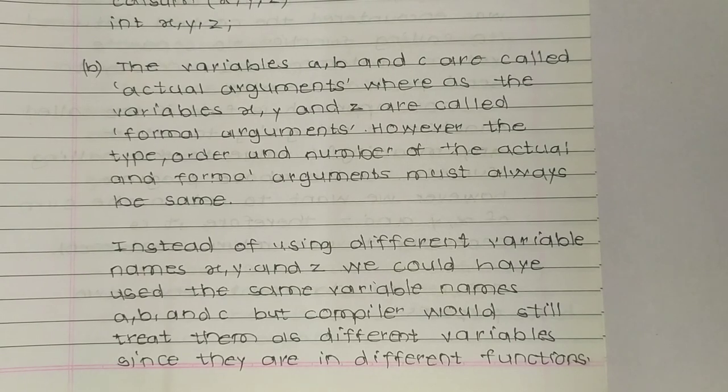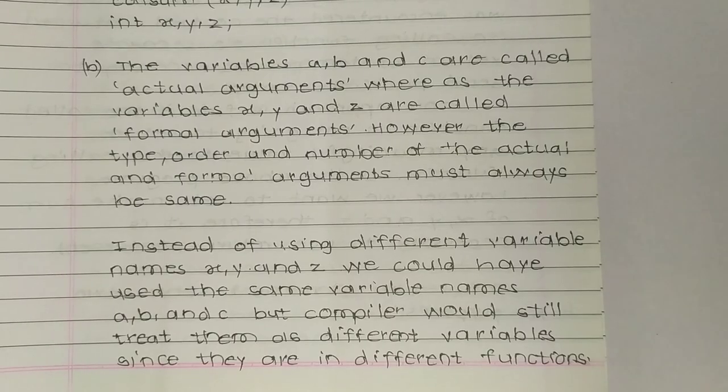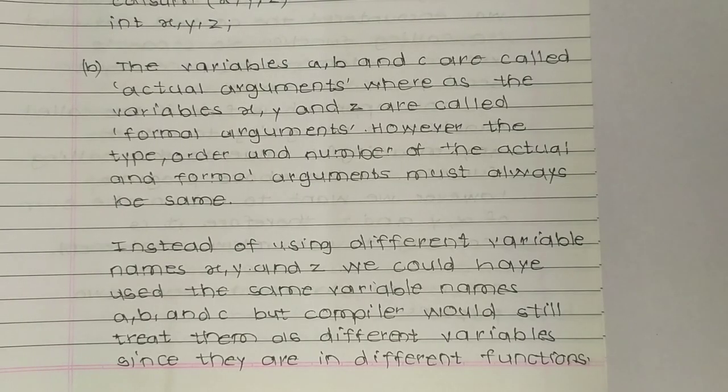So that is why we could have used the same variable names a, b and c, but the compiler would still treat them as different variables, since they are in different functions. a, b and c are in function main, but x, y and z are in function calsum.